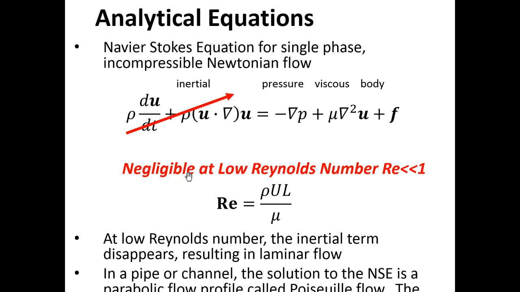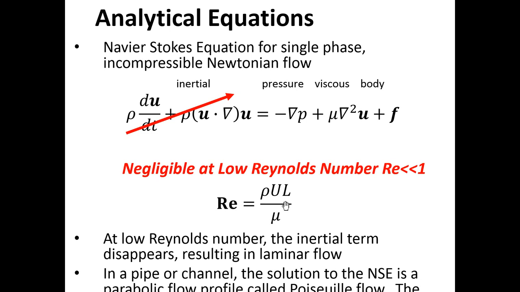If you go through that analysis and simplify it, you'll see that the Reynolds number comes down to rho times U times L divided by mu. Let's talk about what these terms are. Rho is the density, U is the velocity of the liquid, and L is the length scale.